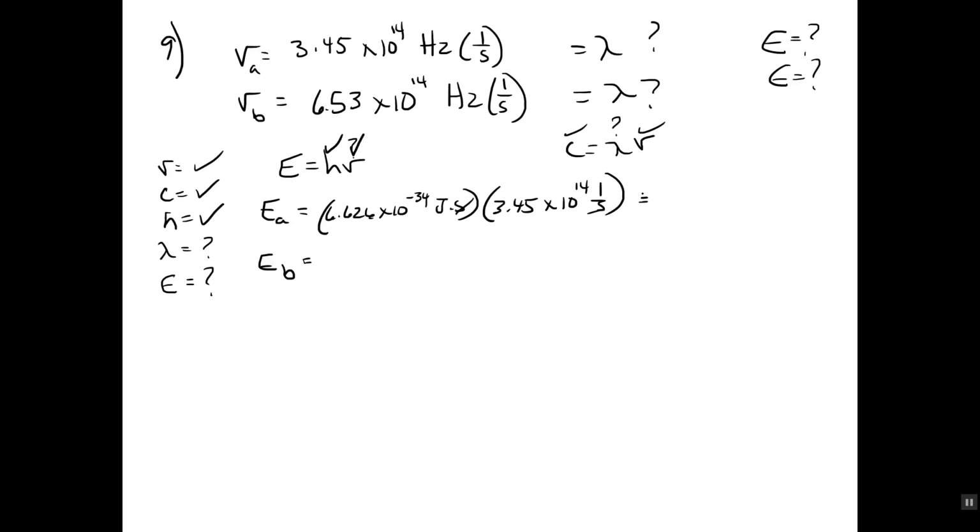And so the energy here, let's see if they give that to me. They did it out, yeah, 2.29 times 10 to the negative 19th. That makes sense too. Negative 19th joules. And then this one here, it's going to be the same H value.